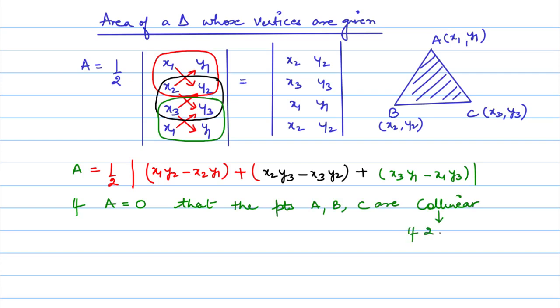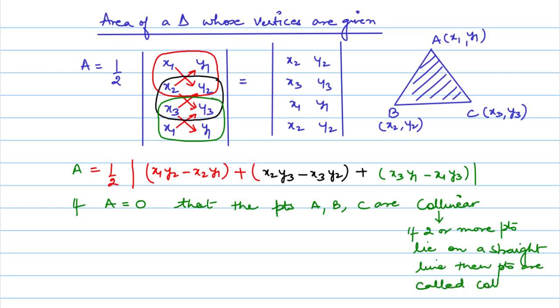If two or more points lie on a straight line, then the points are called collinear points. Two points are always collinear. If you have two points, you can draw a straight line through them.